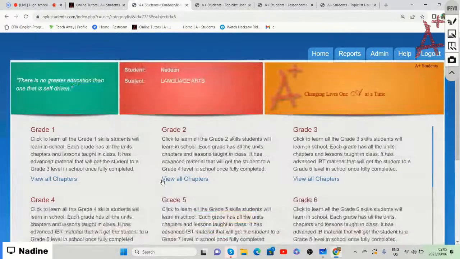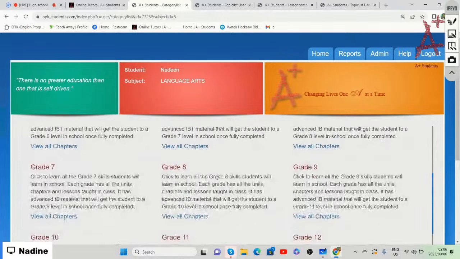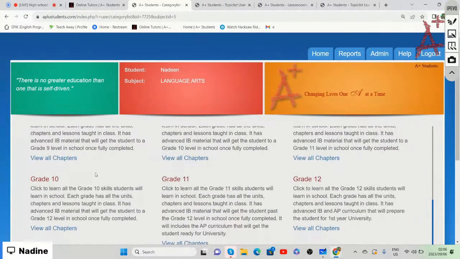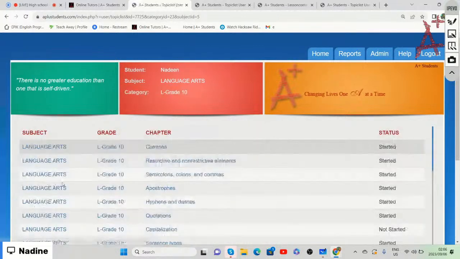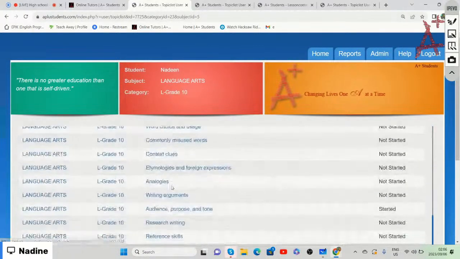We're doing the school lesson on advanced writing, and we're going to focus specifically tonight on the grade 10 lesson, where you go down to audience, purpose, and tone.